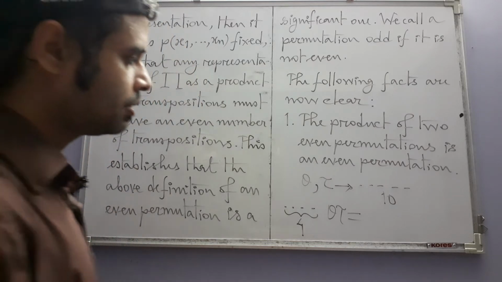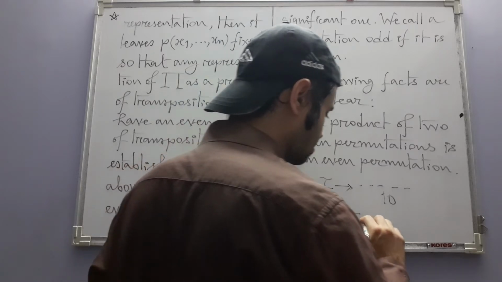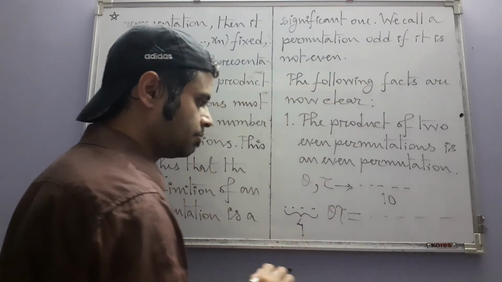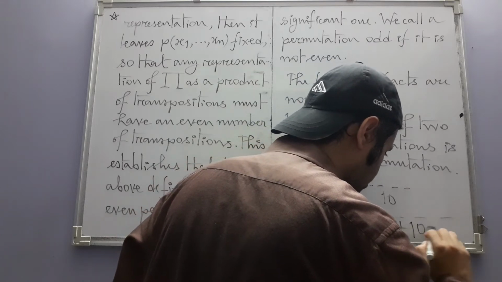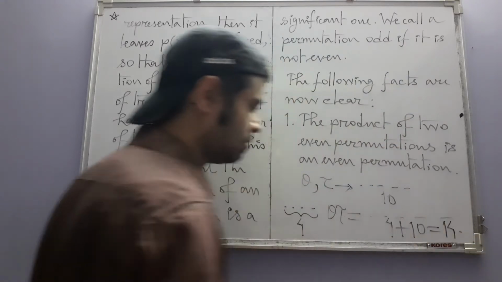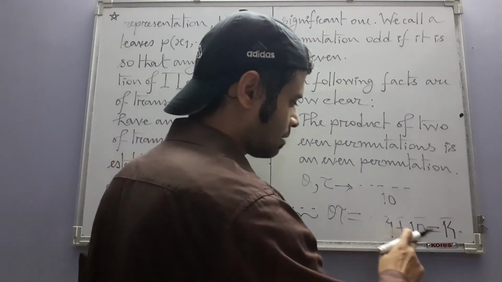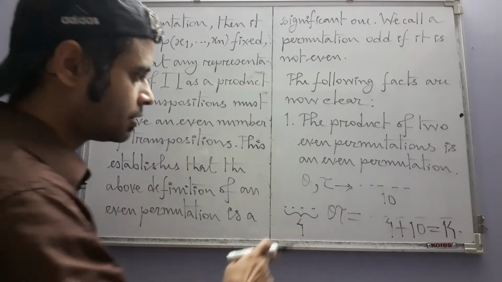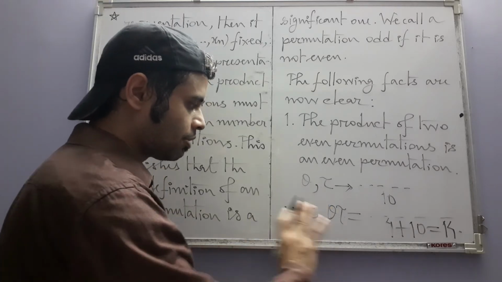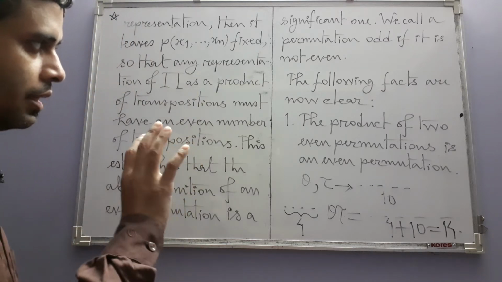That will give you an expression of theta tau as a product of transpositions, where 4 plus 10 equal to 14 transpositions will be there. So that number 14 is also even, which is the sum of these two even numbers. So by our original definition, theta tau is also an even permutation. So that's why we have this one.